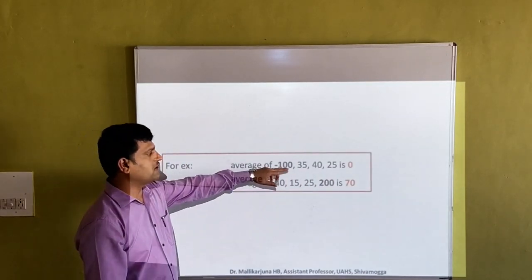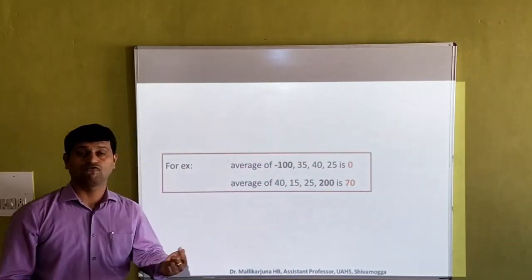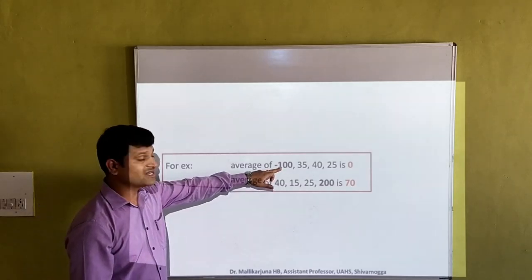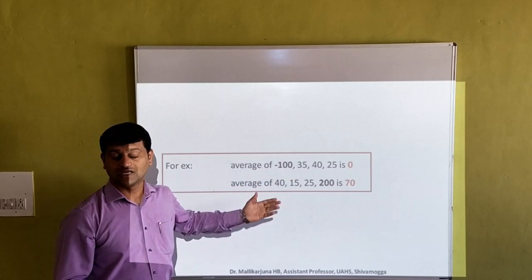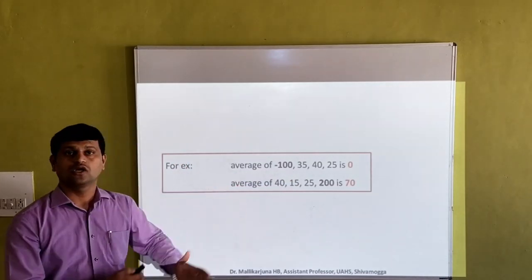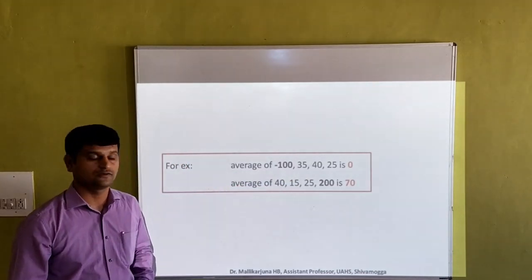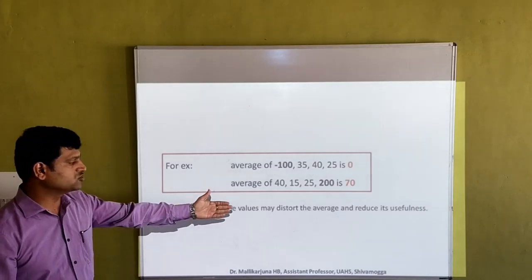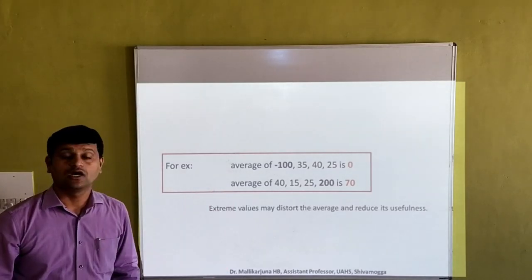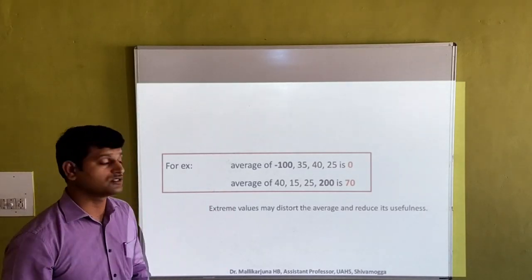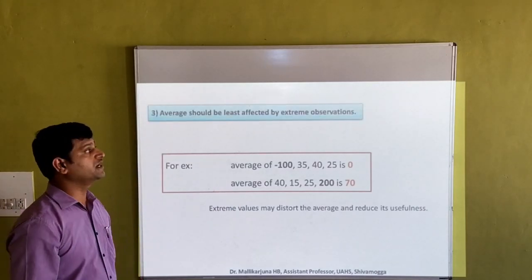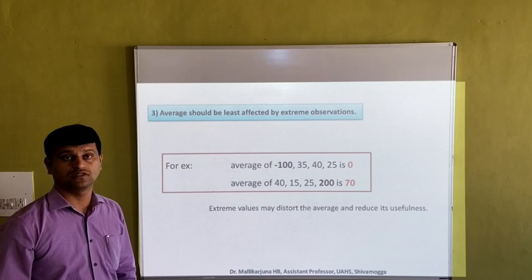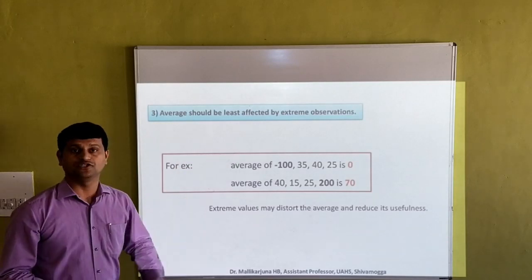So here the average is 0 because of one value. Minus 100 and 200 are the extreme values in the set of data. Because of one value, the average changes. Hence, extreme values may distort the average and reduce its usefulness. Hence, average should be least affected by extreme observations. Then only we can say that the average is good.